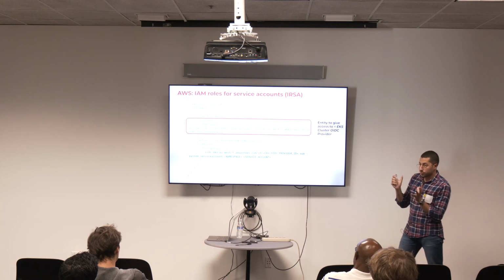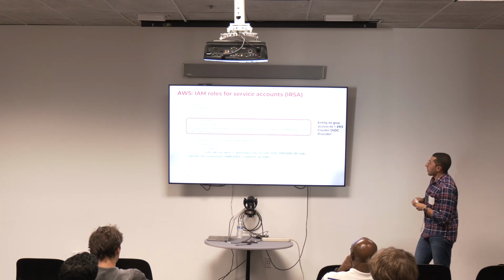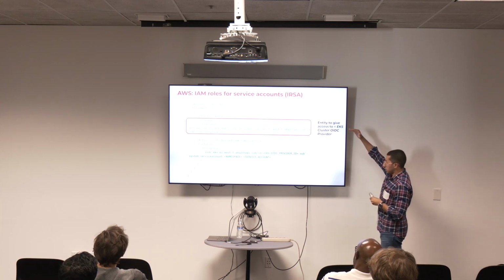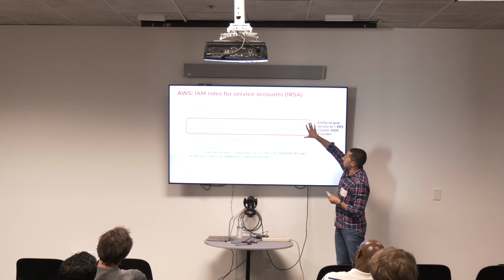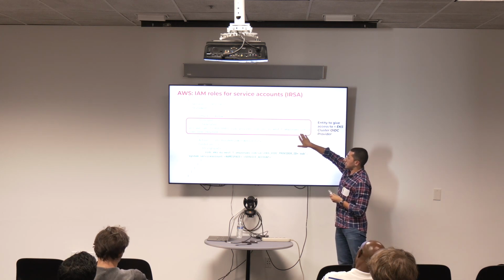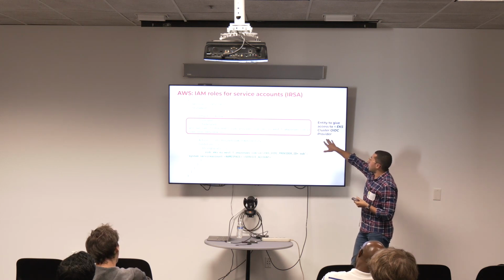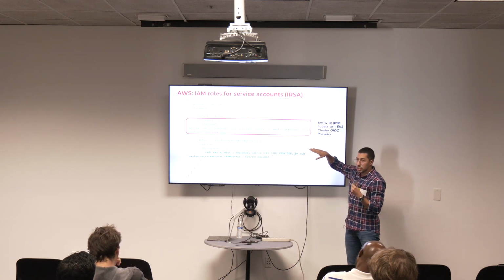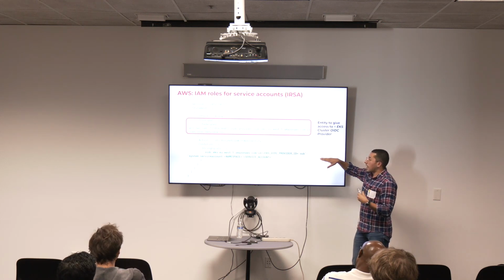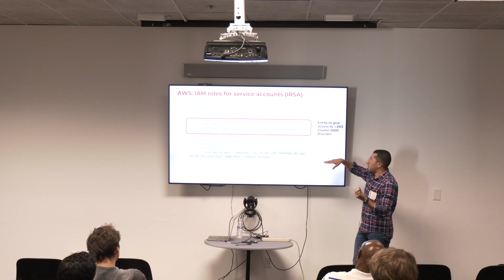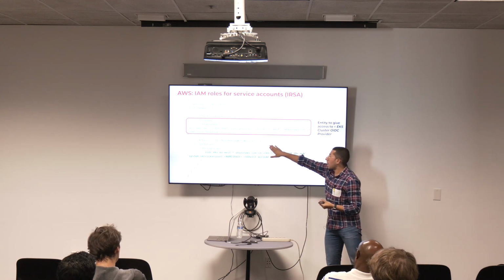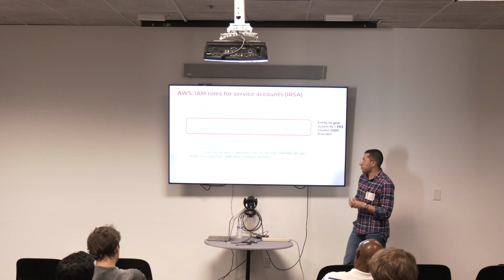So let's take a trust policy here. There are multiple sections in this policy. The first section, called the principal section, is used to define which entity will have the ability to perform the assume role action on the IAM role.